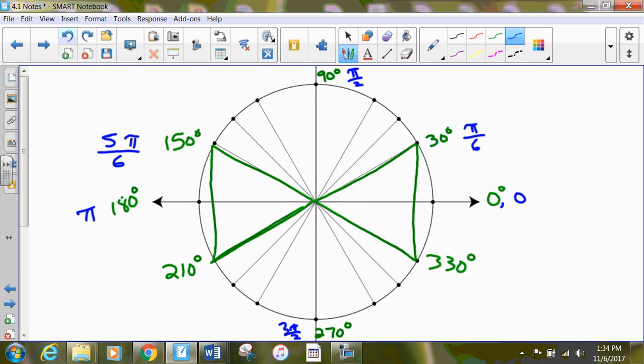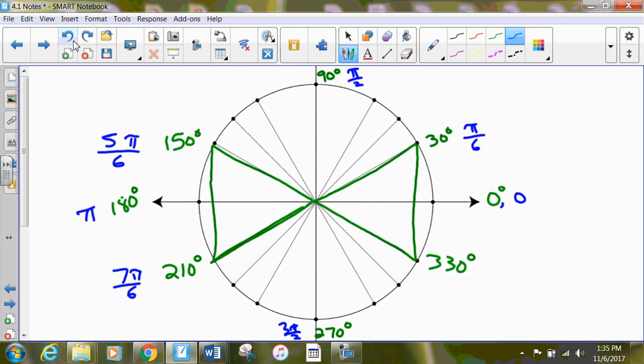Same thing with this next angle. I can go all the way to pi, and I'm still not there. I've got to add another pi over 6. So pi plus pi over 6 is 7 pi over 6. And for my last angle, I could go all the way to 2 pi, but I have to back it up pi over 6 to get there.